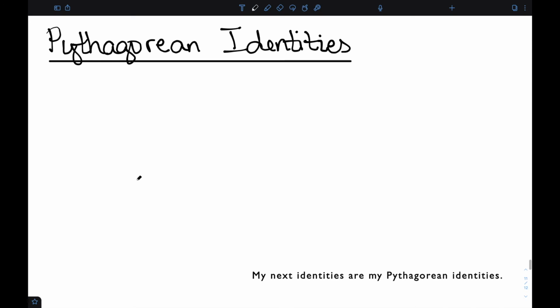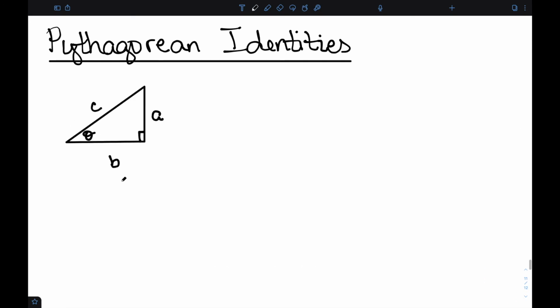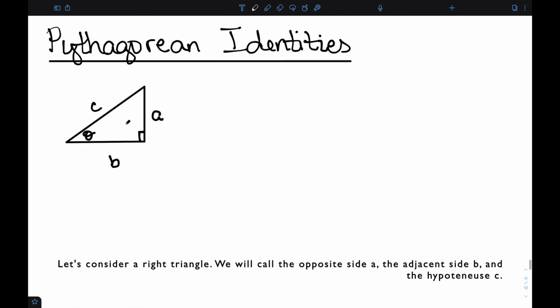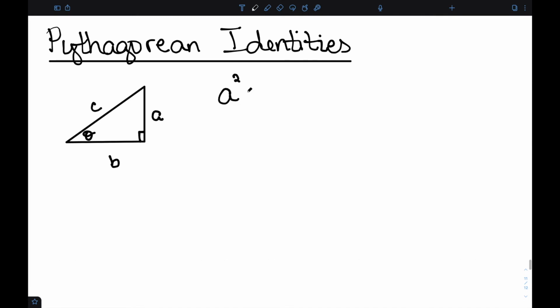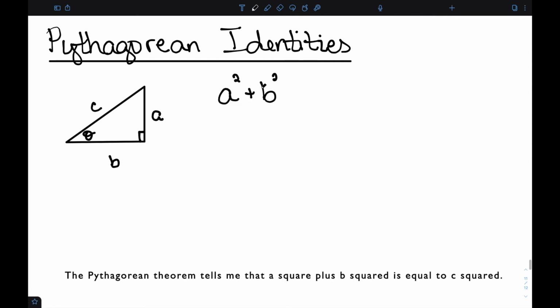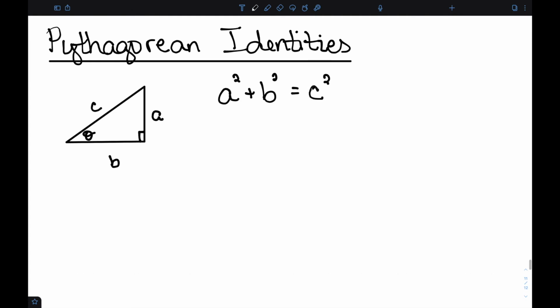My next identities are the Pythagorean identities. Let's consider a right triangle. We'll call the opposite side a, the adjacent side b, and the hypotenuse c. The Pythagorean theorem tells me that a squared plus b squared is equal to c squared. And then I'm going to divide everything by c squared.